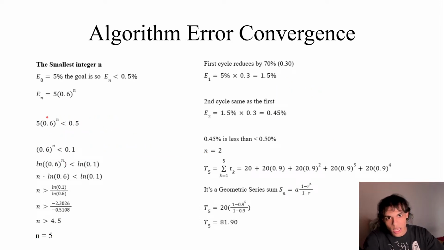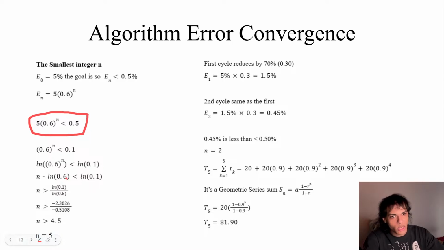And that's exactly what we did here. We got the inequality, and then we divided both sides by 5, so we got 0.1 here. Then we took the ln of both sides so that we can take the n outside. Using this specific feature of logarithms, we were able to separate the n on its own.